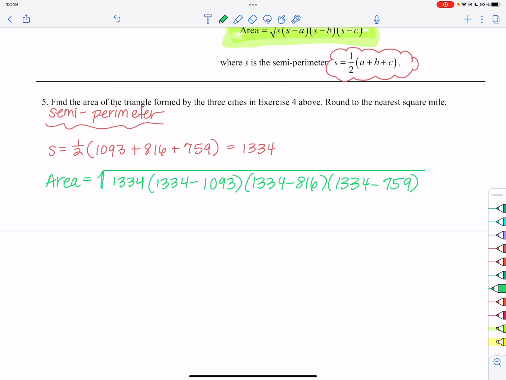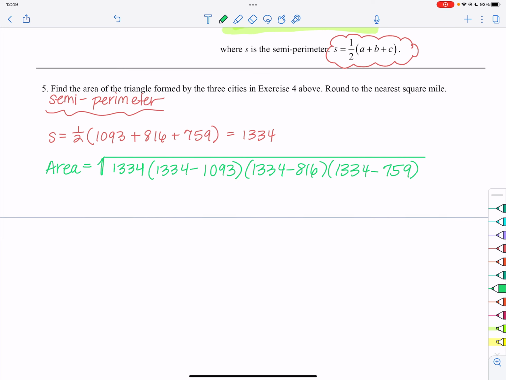If you put all that in your calculator, you should get approximately 309,446 square miles. And that concludes this section.